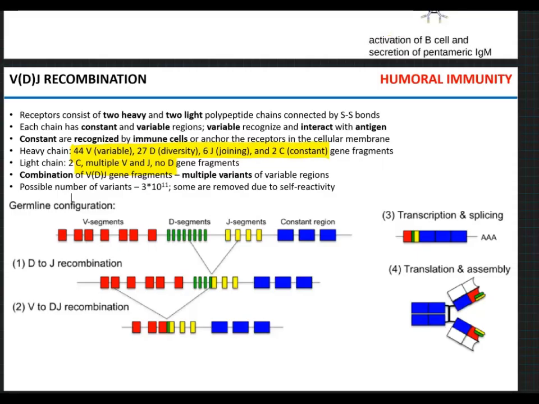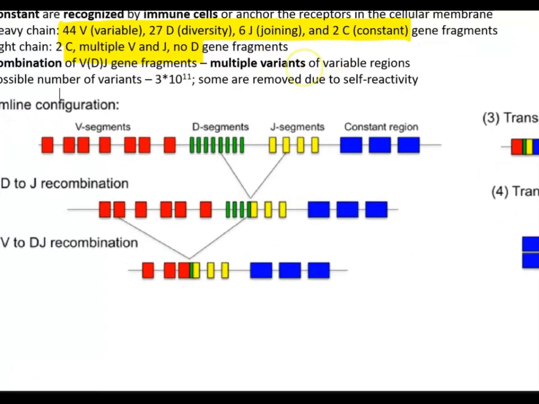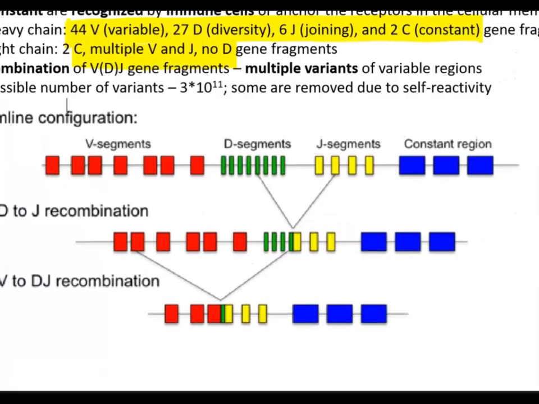Let me illustrate it for you. I'm going to blow it up. So we're going to number the gene segments here. Obviously, I will never ask you to memorize how many V segments we have. It's absurd. Okay, 1, 2, 3, 4, 5, 6, 7, 8.